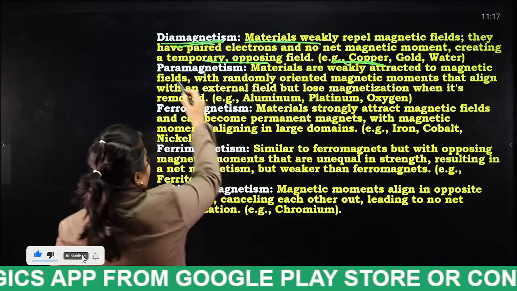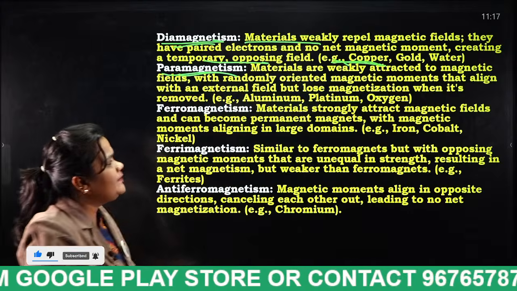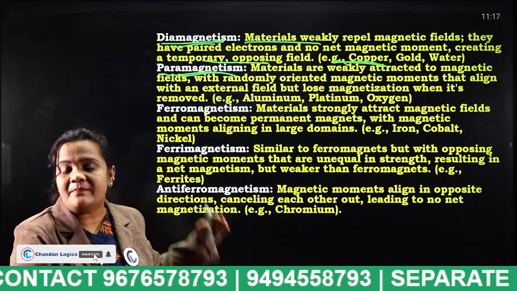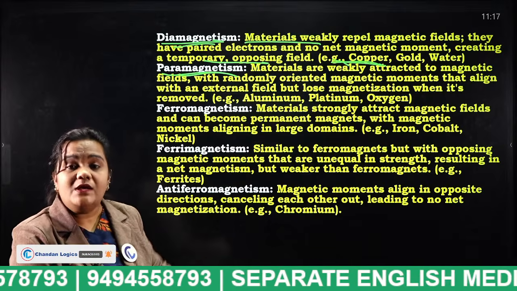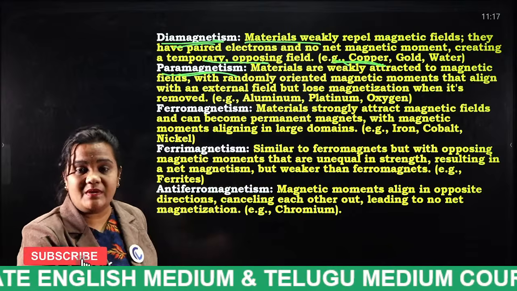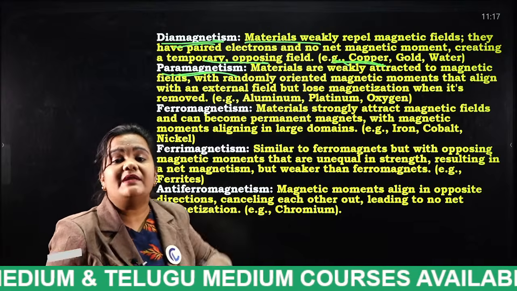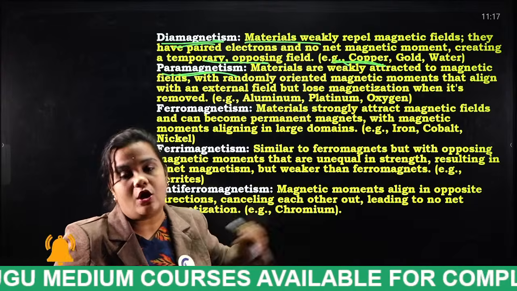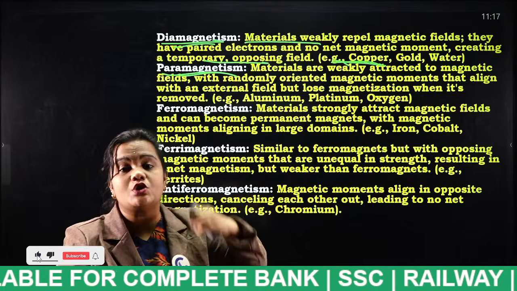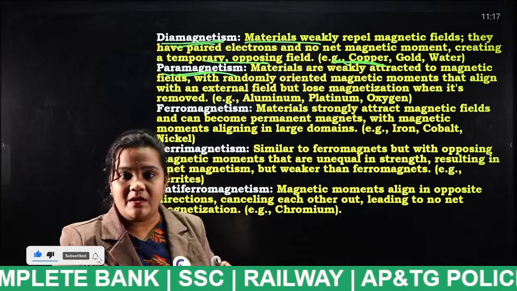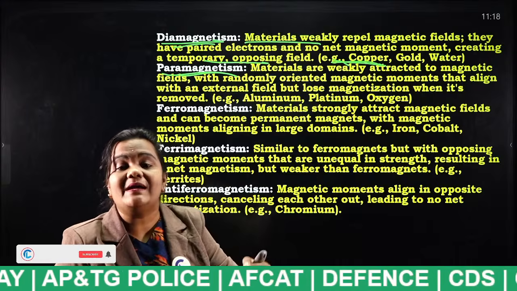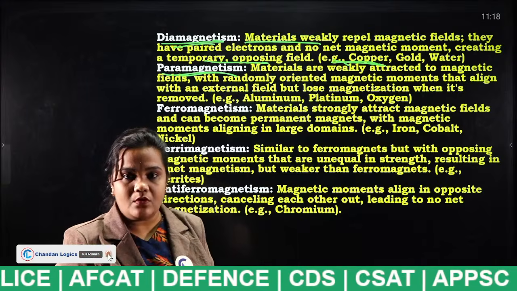Next thing, paramagnetism. What do you mean by paramagnetism? This also has very weak magnetic power. So what is the difference between diamagnetism and paramagnetism? In diamagnetism there is no magnetic moment at all, no strength, no orientation of magnet at all. When it comes to paramagnetism, it will have a random magnetic moment.